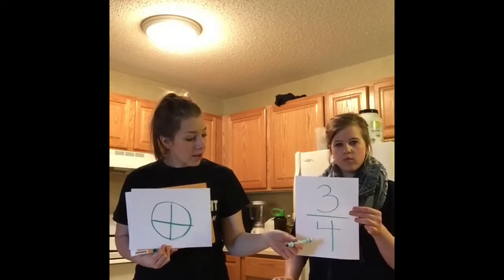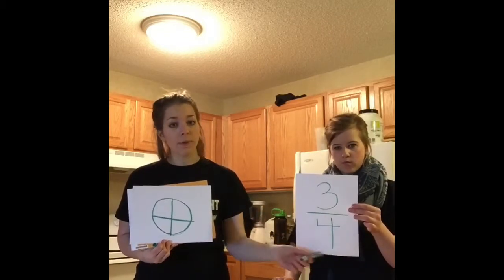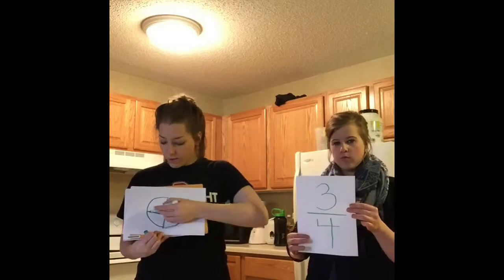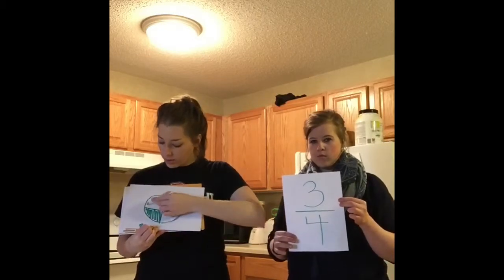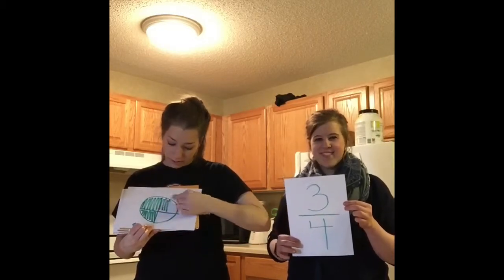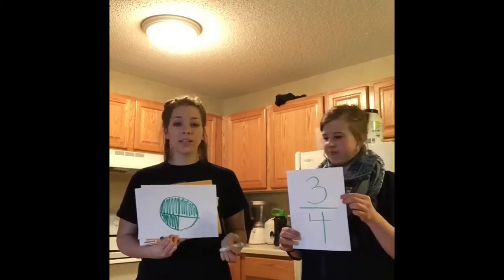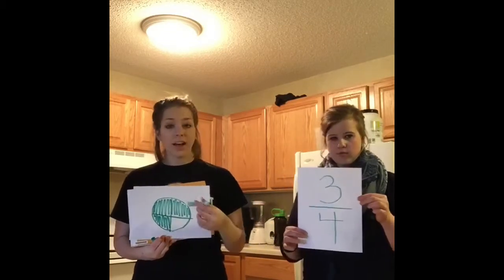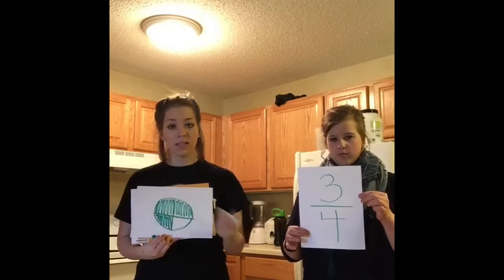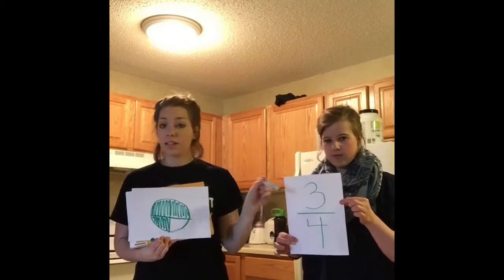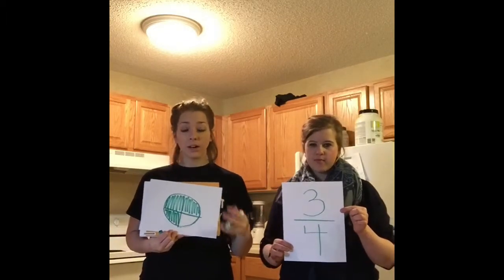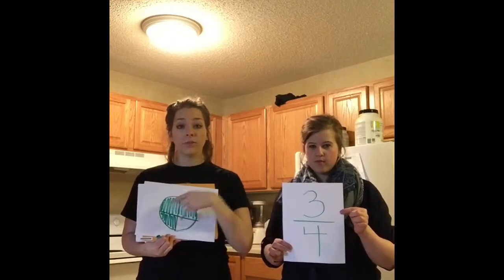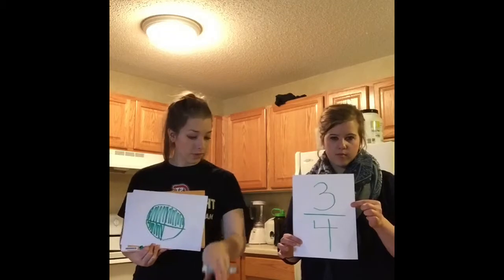So that is our denominator, 4 parts in our whole. Now if I am a little pig and I eat 3 pieces of pizza, we'll shade that in. So I ate 1, 2, 3 pieces. So 3 is going to be our top number because that's our numerator. So I ate 3/4, 3 out of 4 pieces of the pizza.